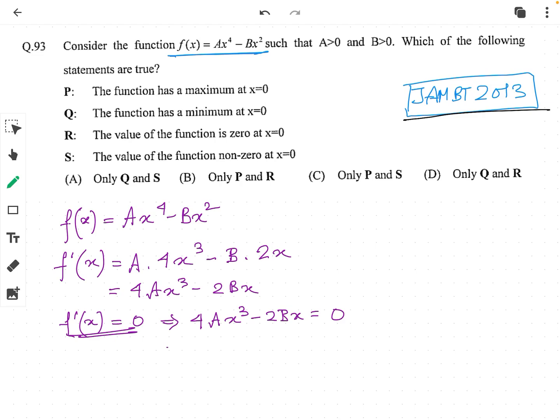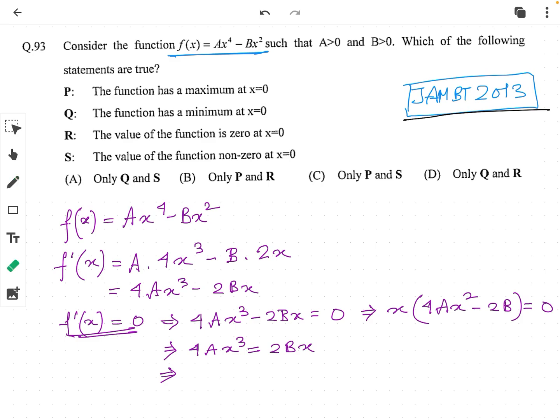Before simplifying, I think I should take the x common. So it will give us x times (4a x square minus 2b) equals 0.